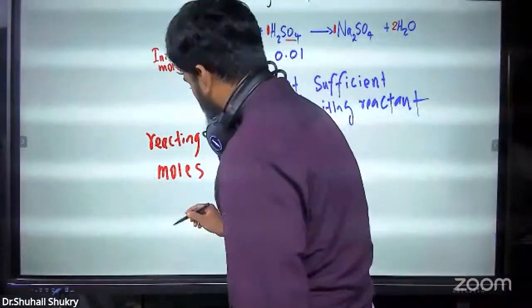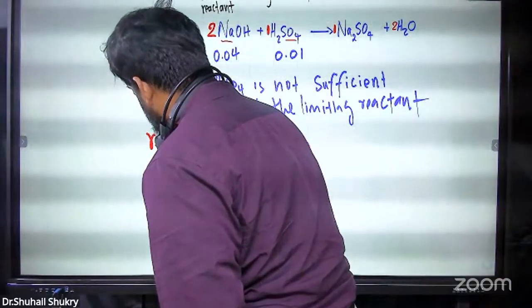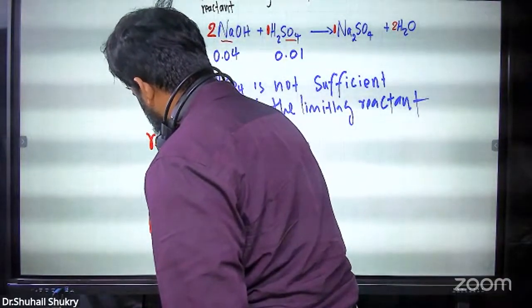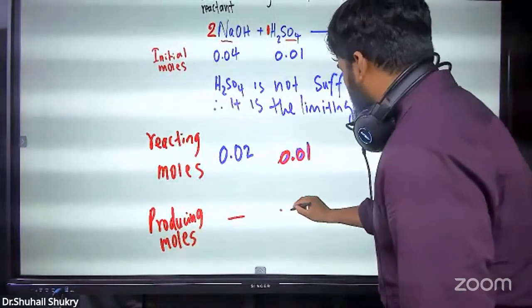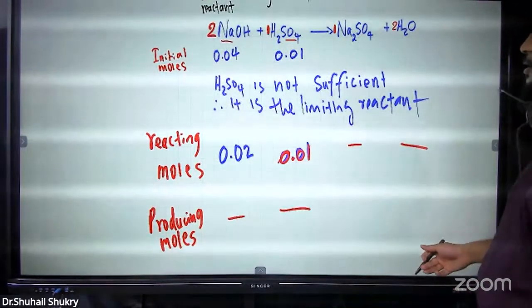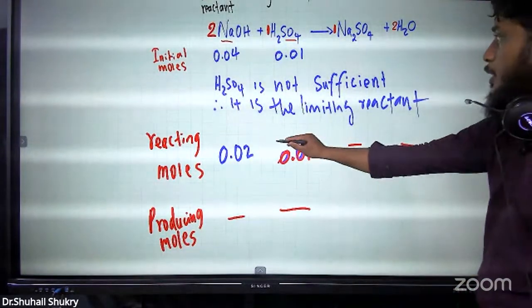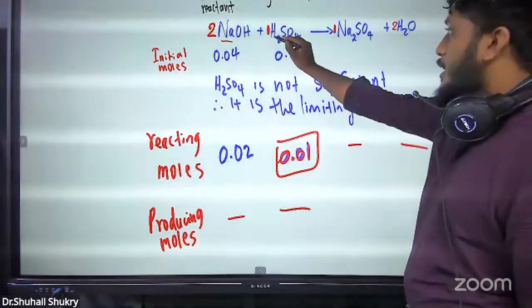Next we write producing moles. So where is the production? This side. These are not producing. Here these are blank. These are not reacting, these are producing. Now you can see 0.01 of H2SO4 has reacted. Here you can see the ratio 1:1.